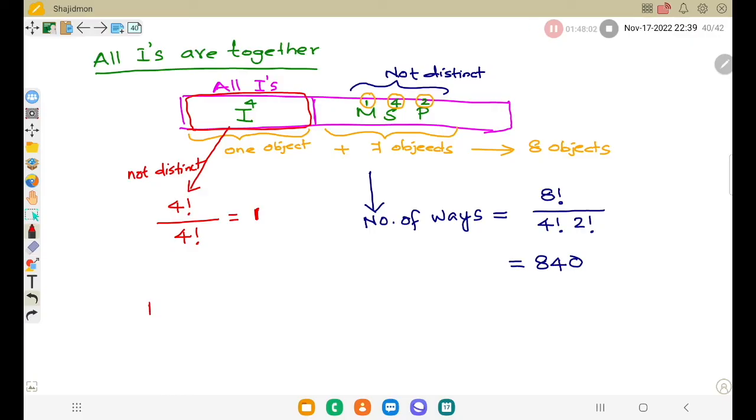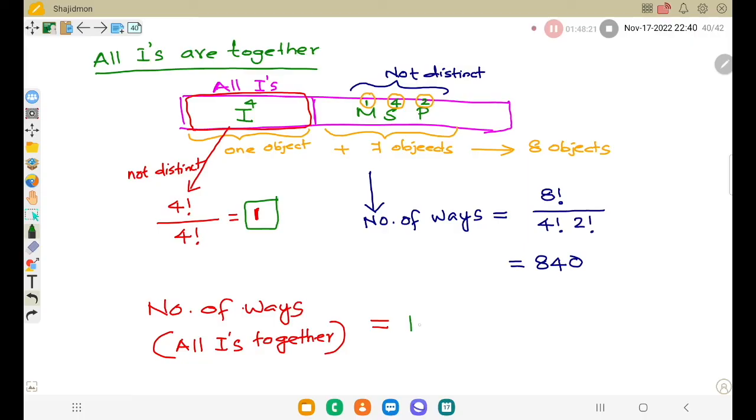Now the number of ways, all I's together, what is the answer we are getting? All I's are together means what will be the answer? Here 1, correct? So 1 multiplied by 840.